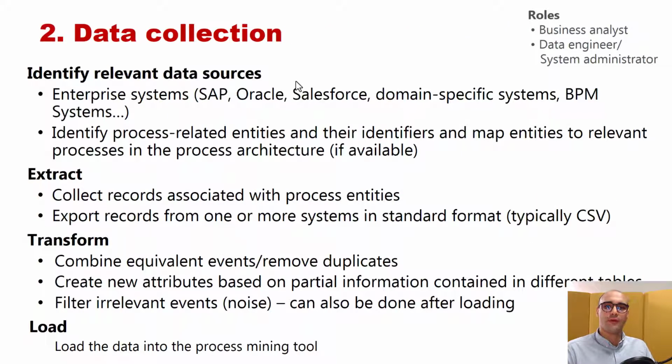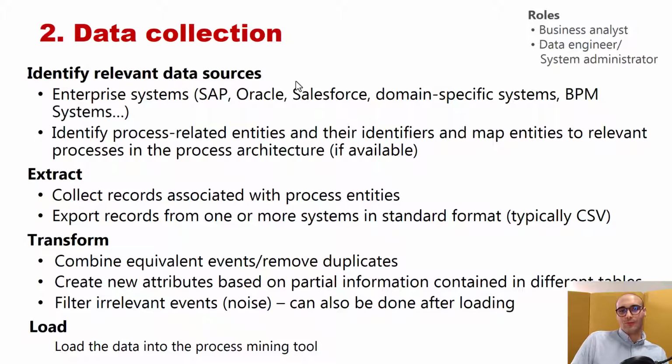The second phase of the process mining project is the data collection. In this phase, we have different data sources that we need to identify. The data can come from SAP, from Oracle, or from other PPM systems. Then we need to identify the entities and the relations between the entities, because sometimes we will need to join tables.